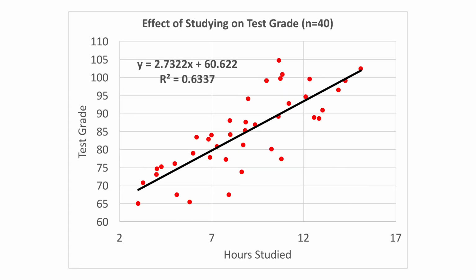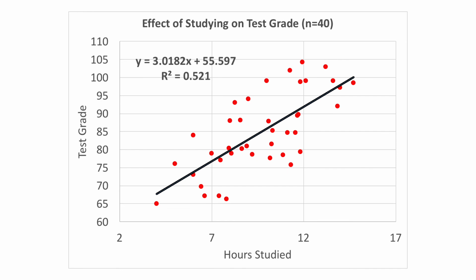Here's a scatter plot showing information for 40 students on how much time they spent studying and their test grade. The test grade is the dependent variable shown on the y-axis. Hours studied is the explanatory variable shown on the x-axis. And the value for b subscript 1 hat from the regression model is 2.7322. In other words, for every additional hour spent studying, your grade goes up by about 2.73 points.